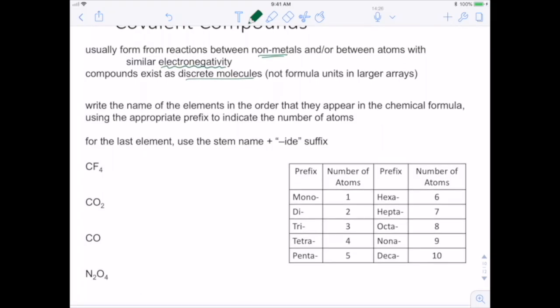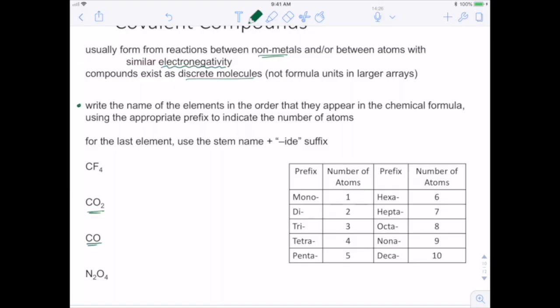For example, take a look at CO2 and CO. These are both compounds that have carbon and oxygen in them, but there's a different number of atoms depending on what the molecule is. So we have a different naming scheme for that. So before I tell you the names of those, let's look at what the rules are for naming covalent compounds.